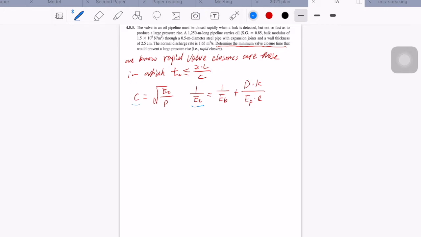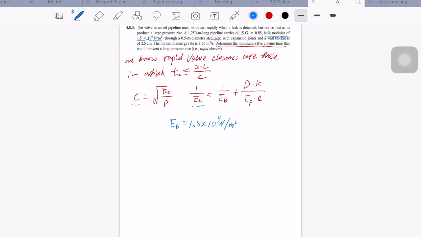So from the problem, we know the EB equals 1.5 times 10 to the power of 9 Newton per square meter. And also we know this is a steel pipe.